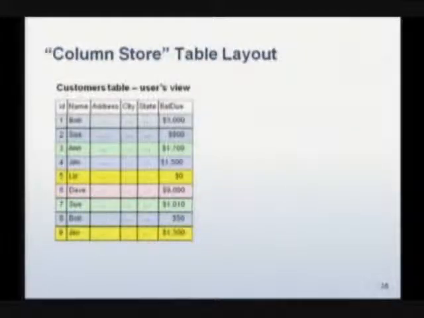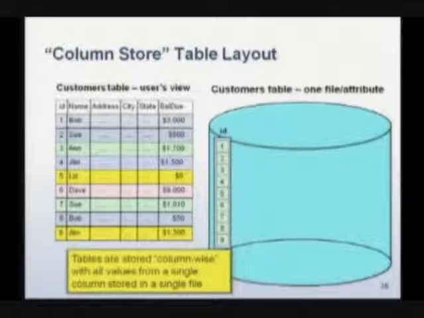Now, you heard a little bit about this when Casey talked about Vertica, and I'm going to try to explain it from a slightly different point of view. So here again, I have that same customers table. Okay, I've got ID, name, address, city, state, balance due. But instead of loading the pages full of rows, I'm going to transpose things.